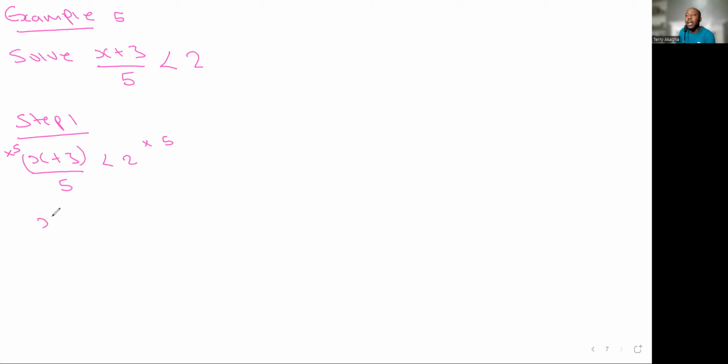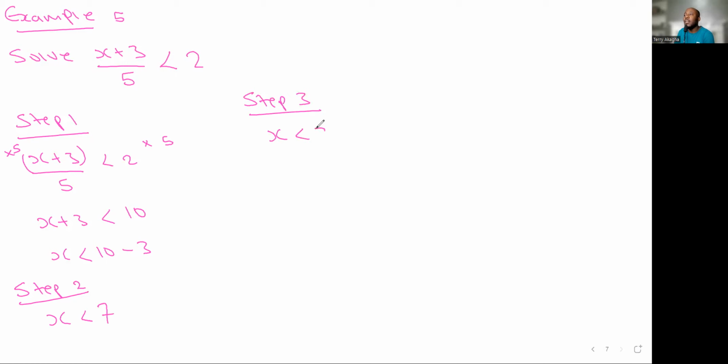So we're going to have x plus 3 is less than what? 10. Okay, I take 3 to the other side. So x is less than 10 minus 3. Step 2, we can be told to simplify, and 10 minus 3 will give you 7. So step 3, x is less than 7.